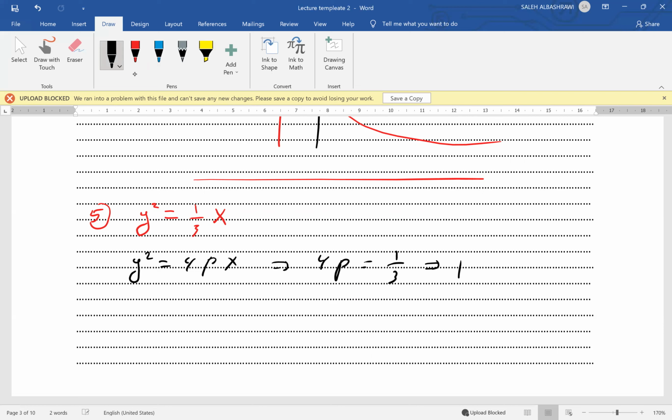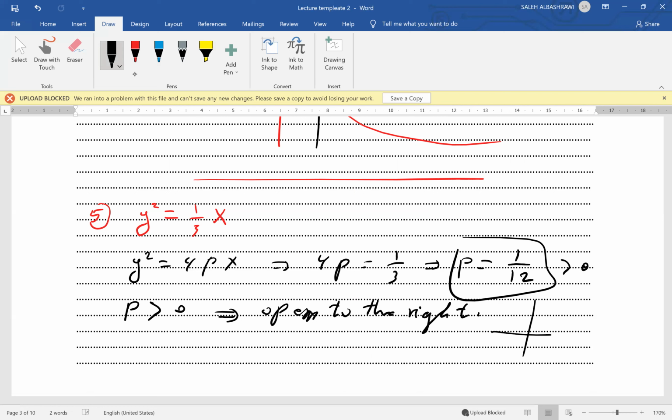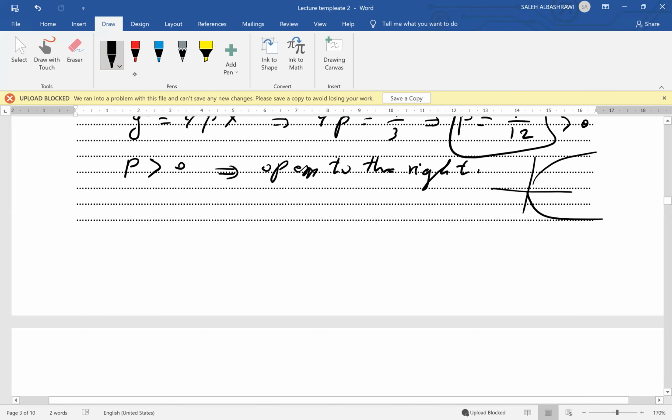This will give me p equal to 1 over 12, which is greater than 0. It means the parabola will be to the right. I have something like this one.